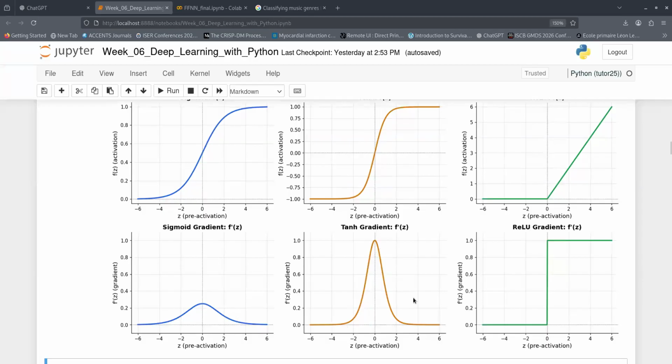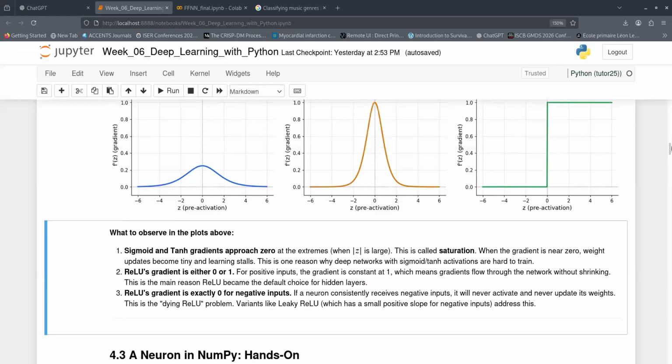I'm just going to explain what the gradient stands for. This gradient is obtained by deriving this function. If you derive this function, you will have this one. So this is the explanation, and I invite you to read about this one.